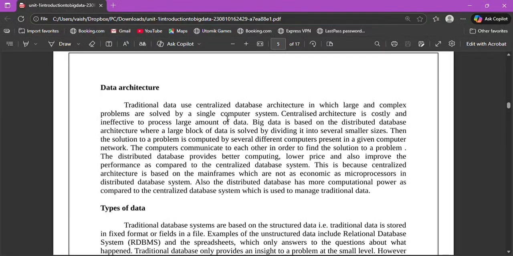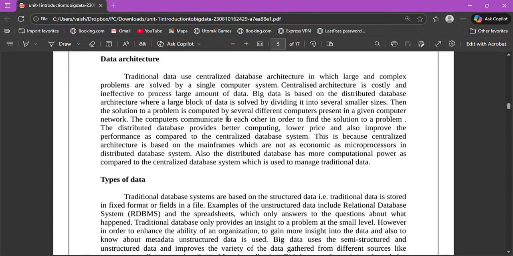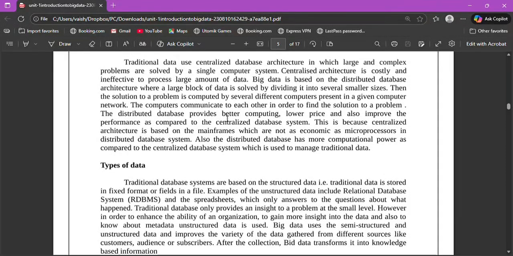The distributed database provides better computing, lower price, and also improves performance as compared to the centralized database system. This is because centralized architecture is based on the mainframe, which is not as economic as microprocessors. In a distributed database system, the distributed database also has more computational power as compared to the centralized database system, which is used to manage traditional data.